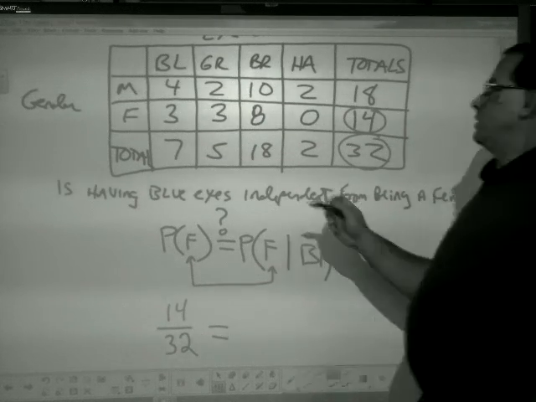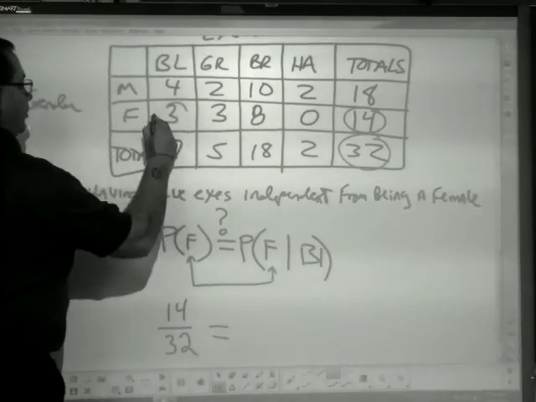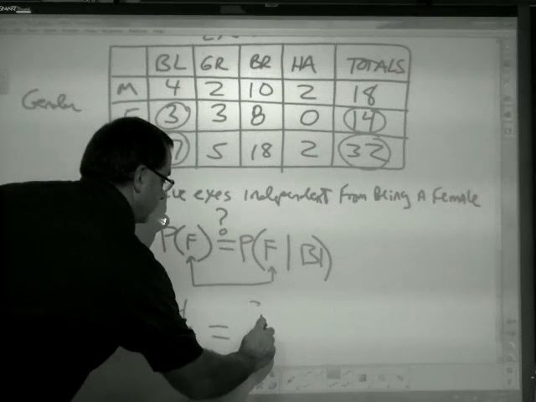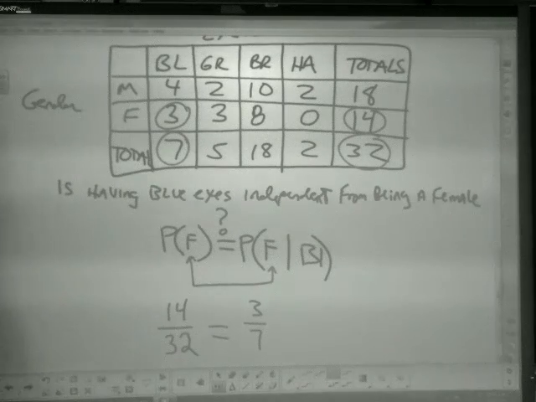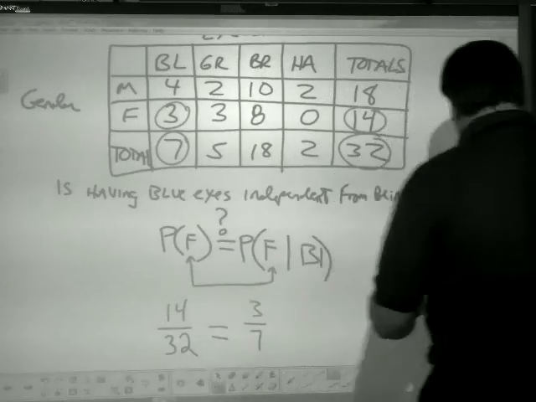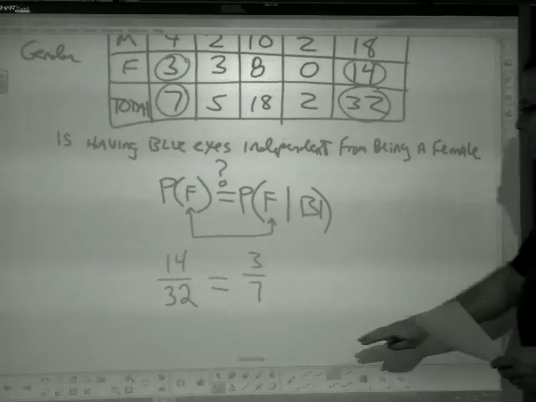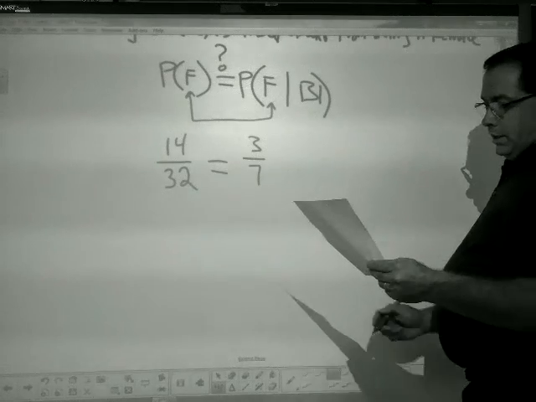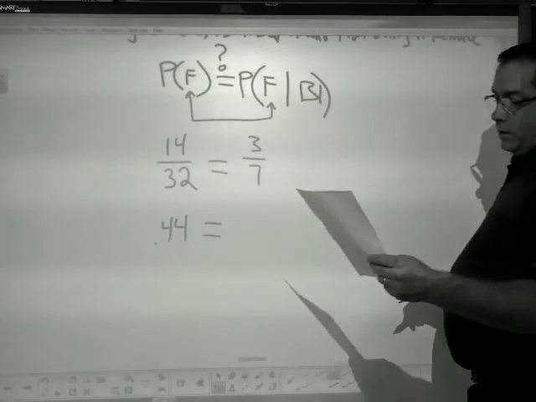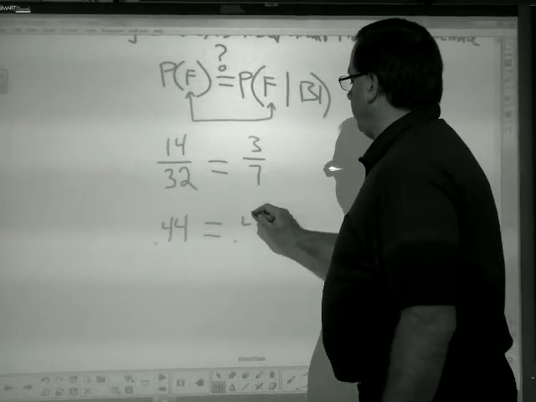Given they have blue eyes, well, out of the blue-eyed people, there are 3 out of 7. And the question is, are those equal? All right? Well, 14 out of 32 is about 0.44, and 3 out of 7 is about 0.43.